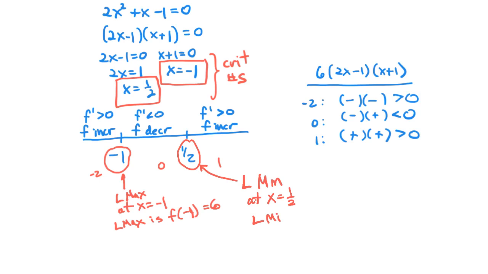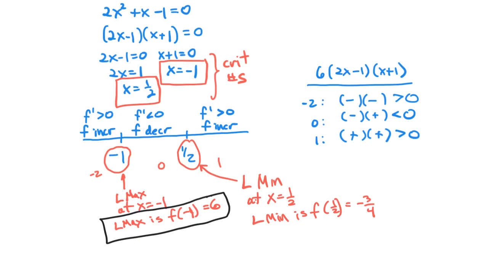The local minimum is f of 1/2. If you plug 1/2 into the original function, you get -3/4. So to answer the question, there's a local max here and a local min here.